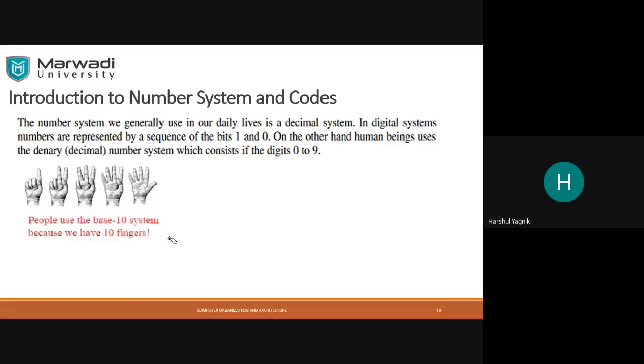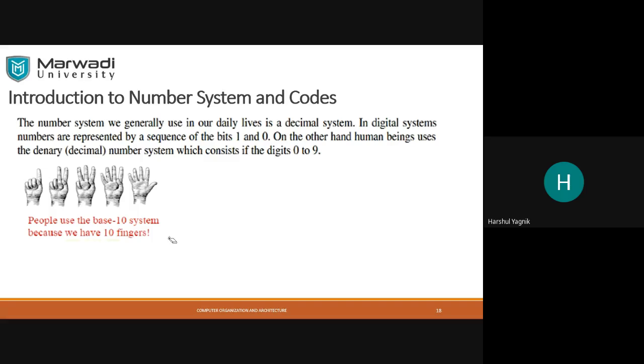Why are we most familiar with the decimal number system? Because we have 10 fingers, right? And that is used to do calculations, 1 2 3, right?